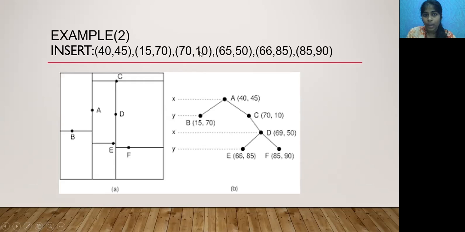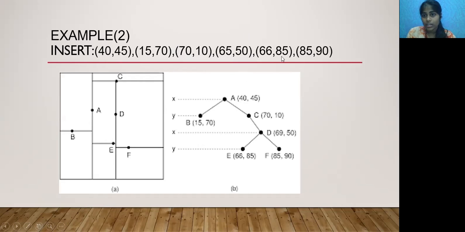Then 70,10: 70 is greater than 40, so it comes onto the right subtree. And 65,50: 65 is greater than 40, so it goes to the right subtree. Here we have to check the y coordinate, which is 50. 50 is greater than 10, so it comes to the right of this particular node.